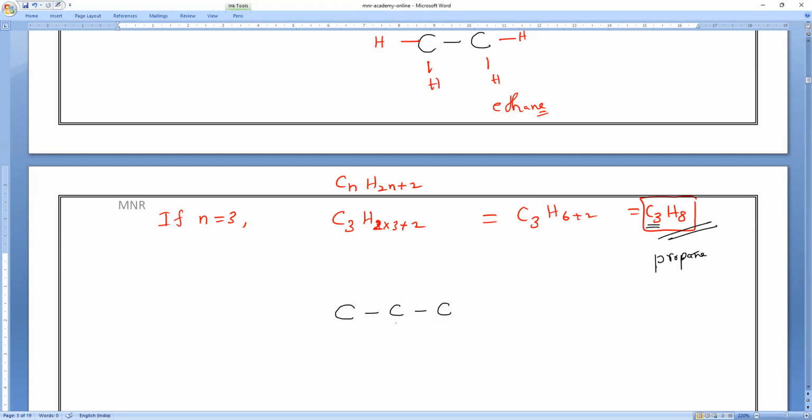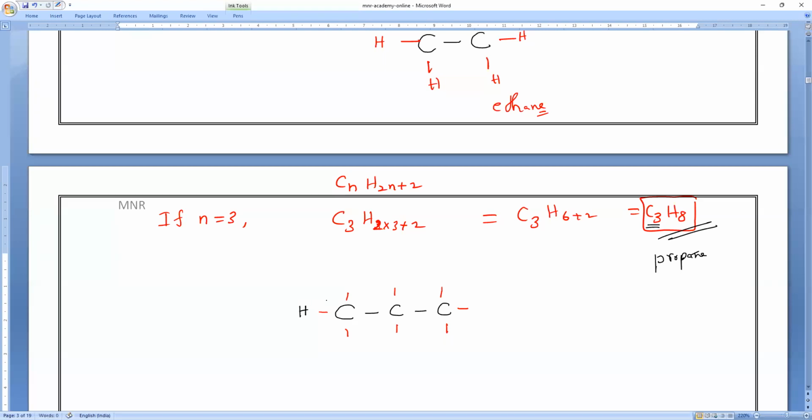Hydrogens are secondary. Each carbon has to satisfy 4 bonds. Now the middle carbon: already 2 bonds are satisfied, so it will get the remaining 2 bonds. The last carbon has only 1 bond satisfied, so 3 bonds will come.